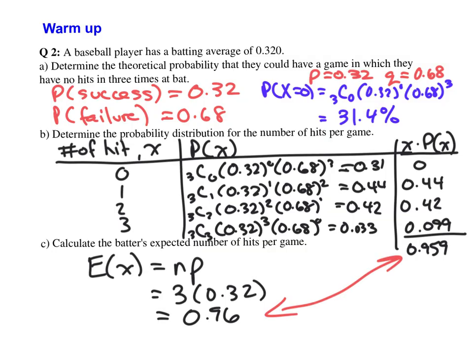You can see the sum of our probabilities times X is very similar to our expected value. Well, it's the same, 0.96, right? So we expect him to make about 1 hit in those first 3, because he's at a 32% average, or a 0.320 batting average, which means he's hitting about 1 in every 3 shots.